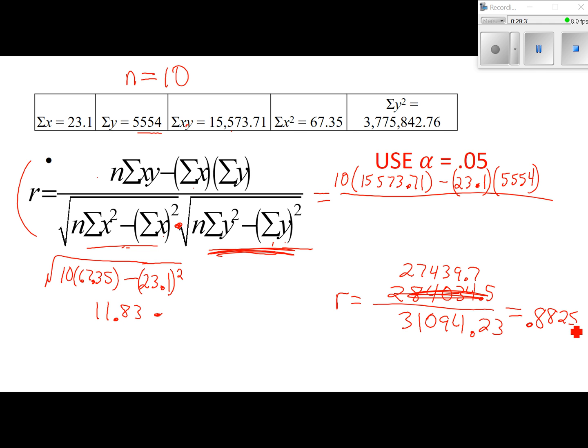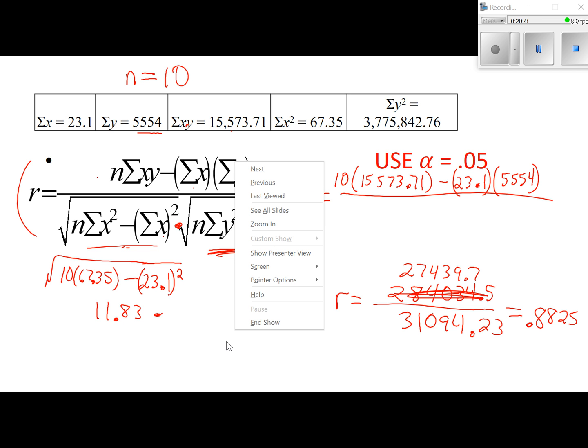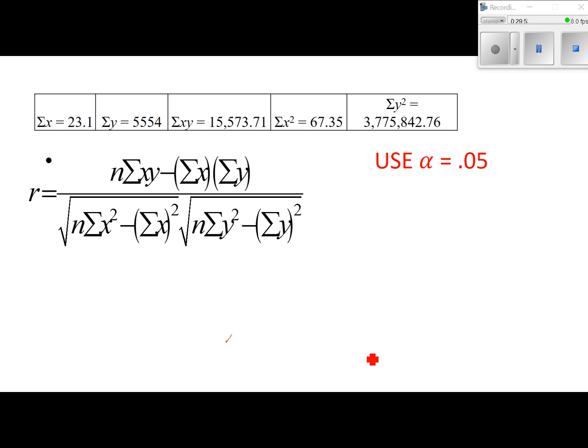So that's our R. Once we find R, I'm going to write it down on my paper here real quick, and then I'm going to erase some of this so I got more room. Once we find R, we want to take the absolute value of R. Well, the absolute value of 0.8825 is just 0.8825.